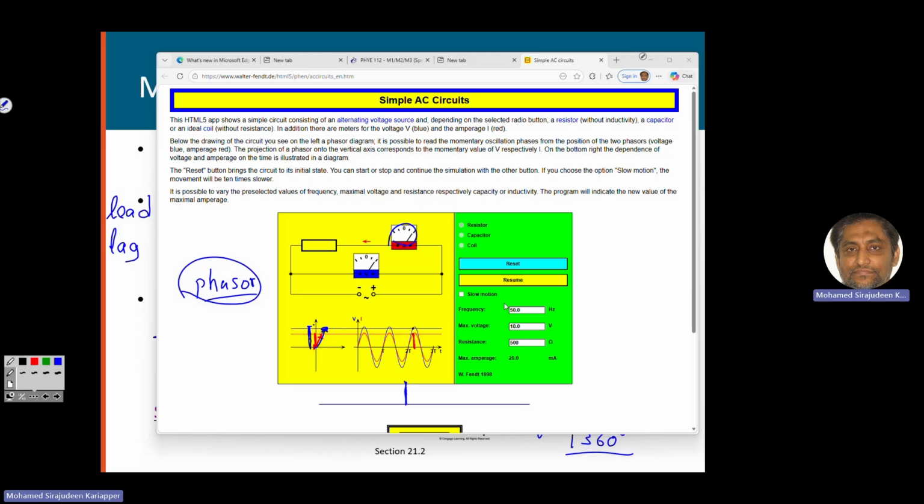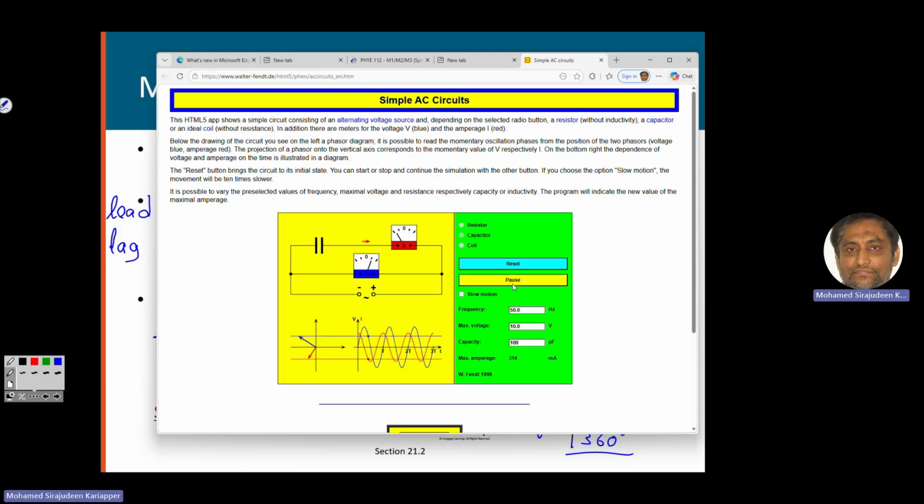Now let me make this a capacitor. Let me clear this marking. So I put in a capacitor. Oops, I didn't commit. Reset capacitor. Okay, now it is a capacitor. Now see what happened. They are out of phase. Let me run that again.